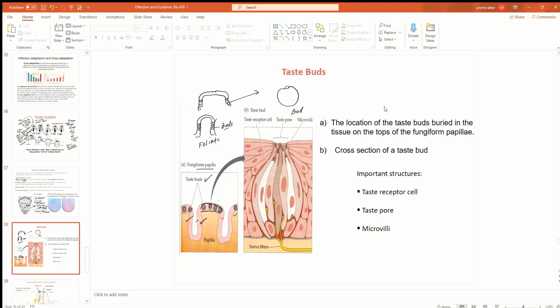So if you peel the skin of the orange and see inside, you'll see what? You'll see the receptor cells, and there are 4 different types of cells found inside the taste bud. So these are the receptor cells and nucleus inside.